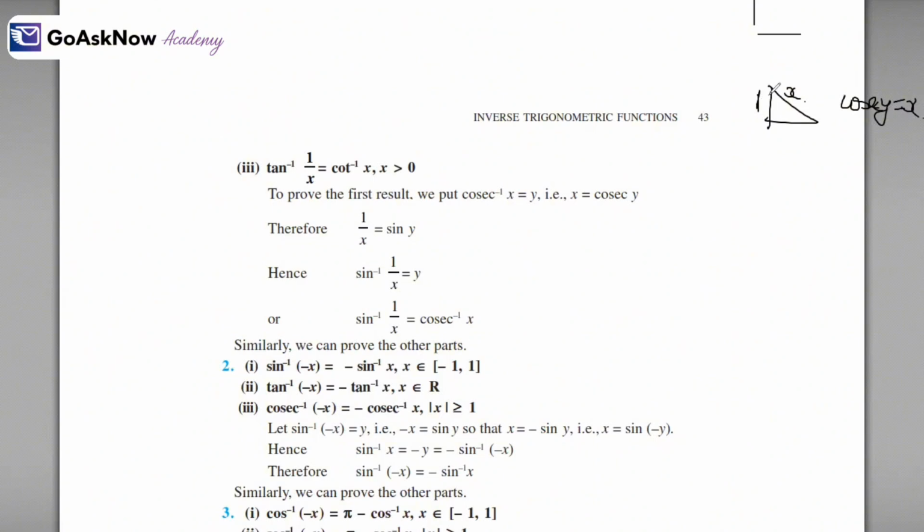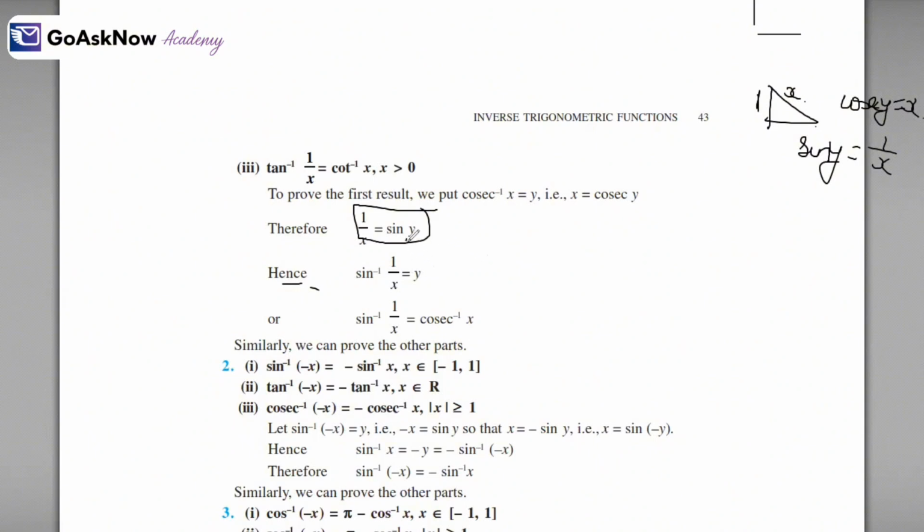Cosec y is x, so sine y equal to 1 by x. So from there you can find sine inverse 1 by x equal to y.